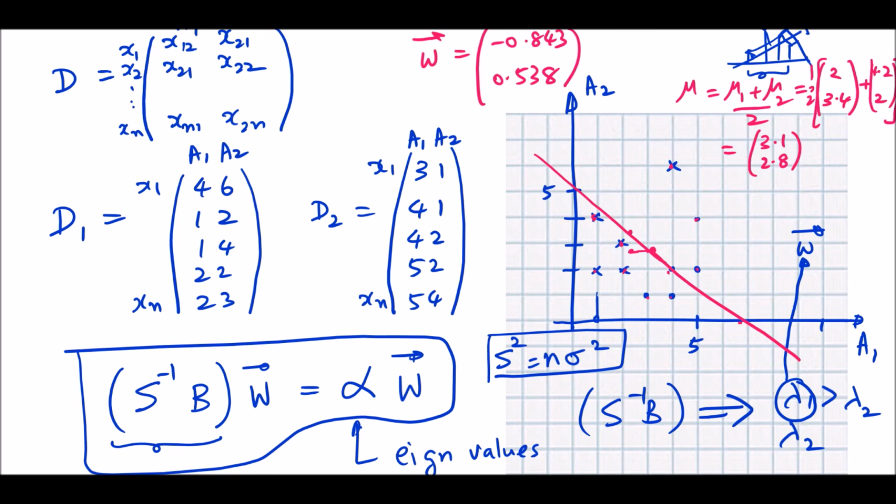So what are the projections? If you project these points onto this line, we can see the variance is quite minimal, as well as the separation between the two classes. So they are not overlapping now, because this direction will give us a clear boundary.